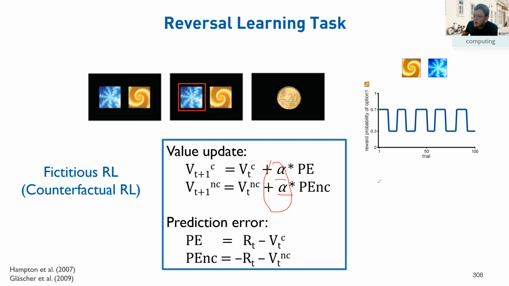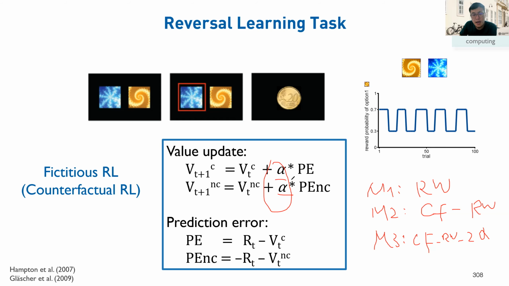So we could say that model 1 is Rescorla-Wagner. Model 2, let's call it counterfactual Rescorla-Wagner. And then we have model 3, counterfactual Rescorla-Wagner with two learning rates: one learning rate for the factual updates, another learning rate for the counterfactual update. You have the 3 models.